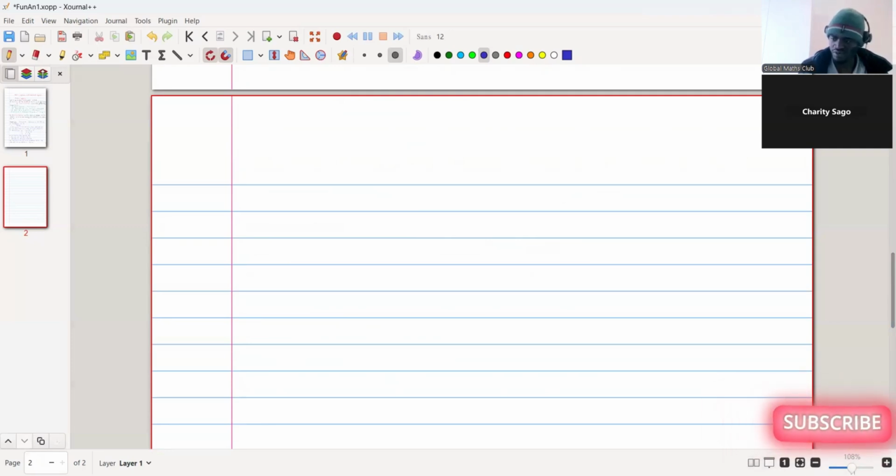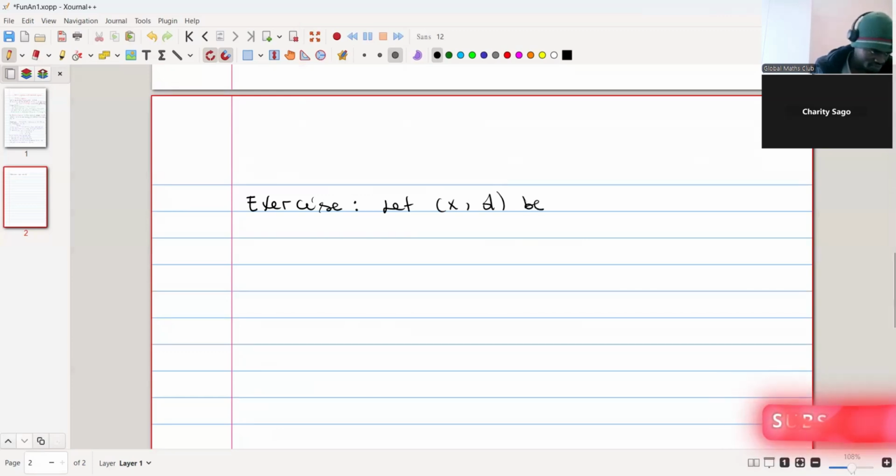Now we can do another one. We can take another exercise. Exercise: let (X, d) be a metric space.